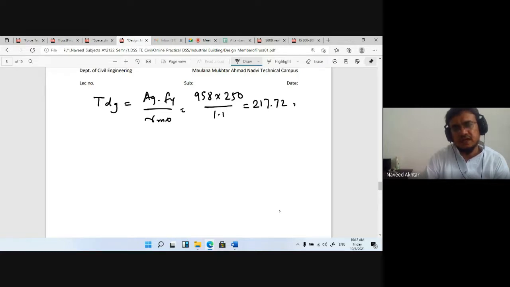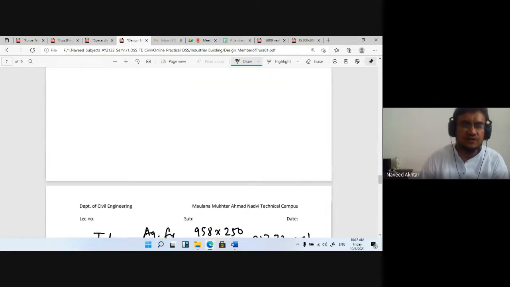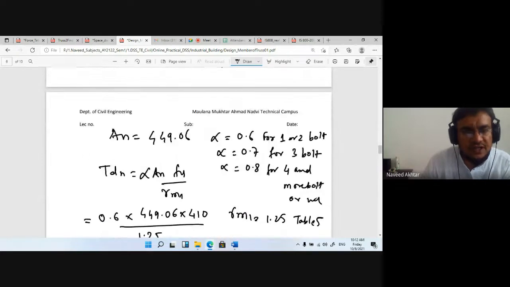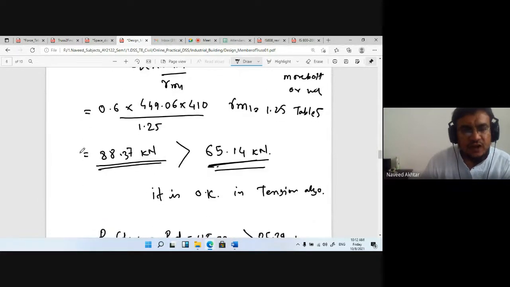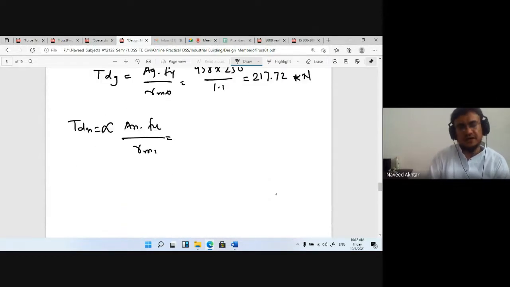Similarly, you have to find out TDN, alpha An Fu upon gamma M1. TDN we have already calculated above for the same member, and it is coming 88.37 kilonewton.